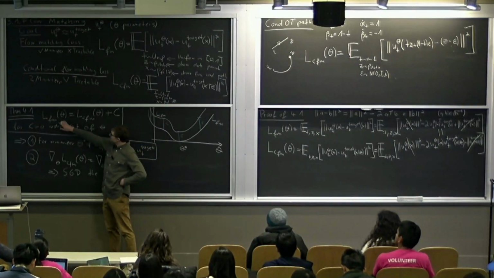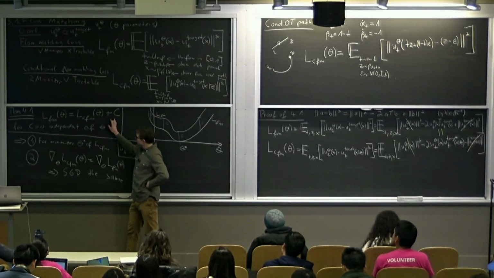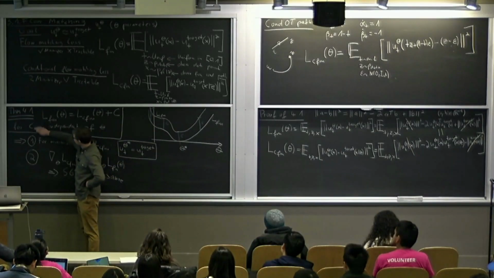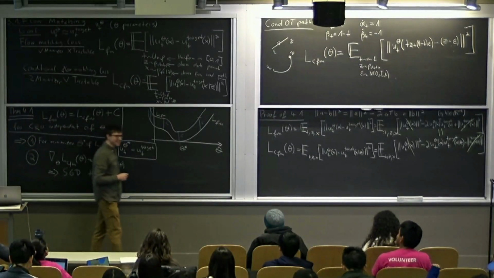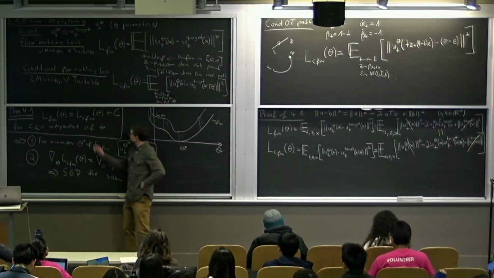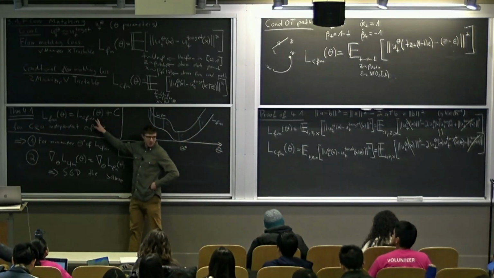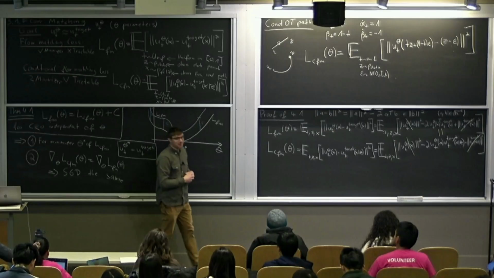This loss can be 0. This loss cannot be 0 because this is bigger than 0. Wait, sorry, I swapped the constant on each side. It's the other way around. So it's negative, but for our purpose it doesn't really matter. It matters that it's a constant. Because this is negative, this is always going to be positive, because this is 0 at the minimizer. So you show that there's always a positive gap between the two.